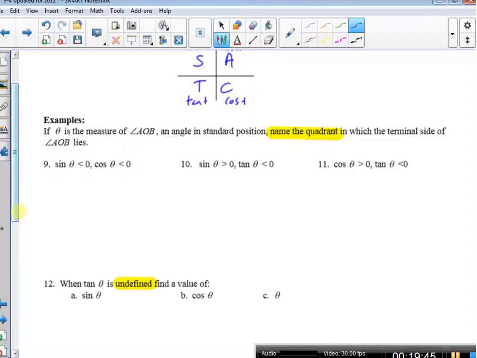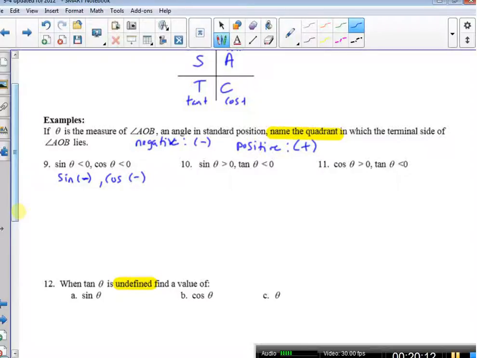So if sine theta is less than 0, that means that sine is negative. There's my sign for negative, and my sign for positive is that. So sine's negative and cosine is negative.